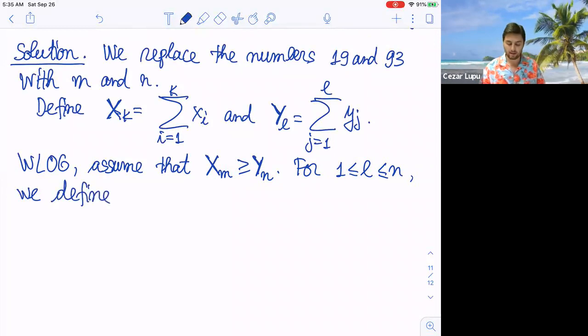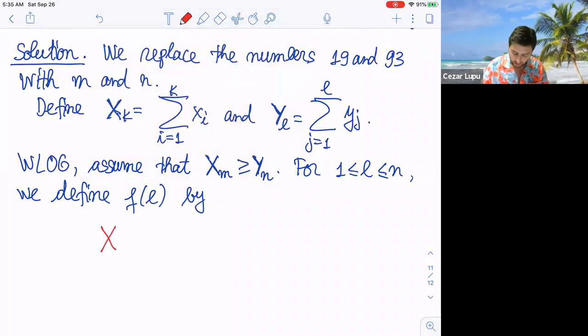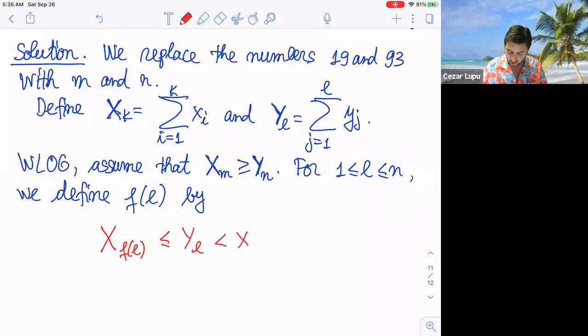This will be a crucial condition because it will help me. x of f of L is less or equal than y of L, and this will be strictly less than x of f of L plus 1. Right?